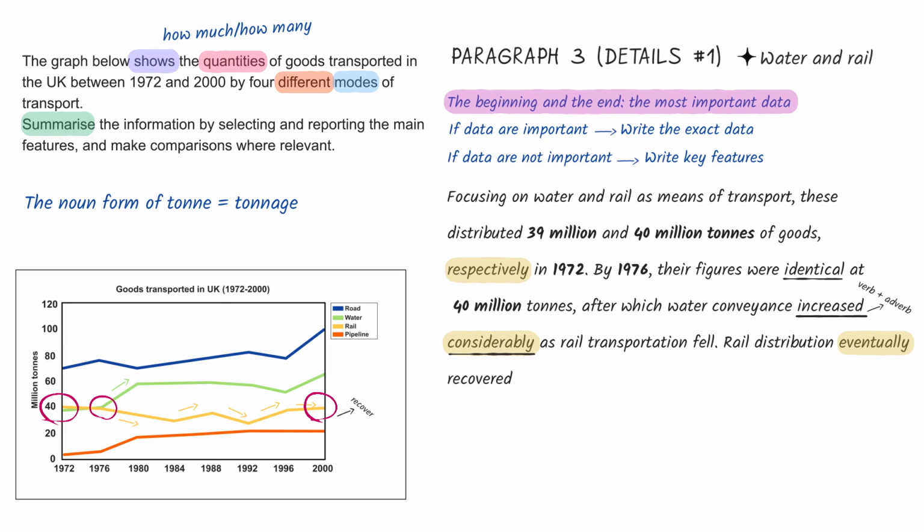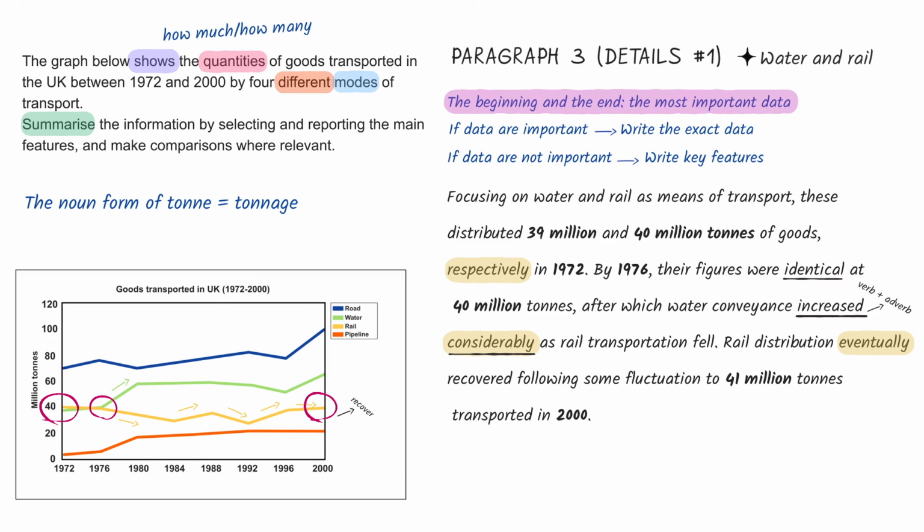So I use the sequencing language to mention the data before 2000. And the word that we can use here is "following." Following some fluctuation to 41 million tons transported in 2000.